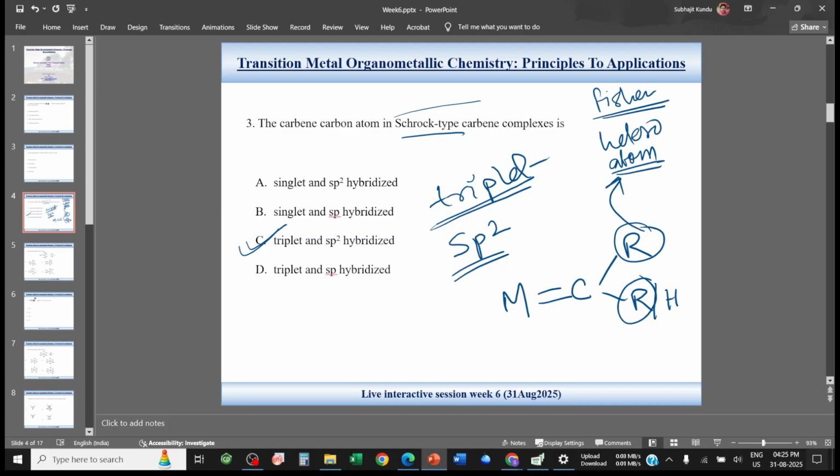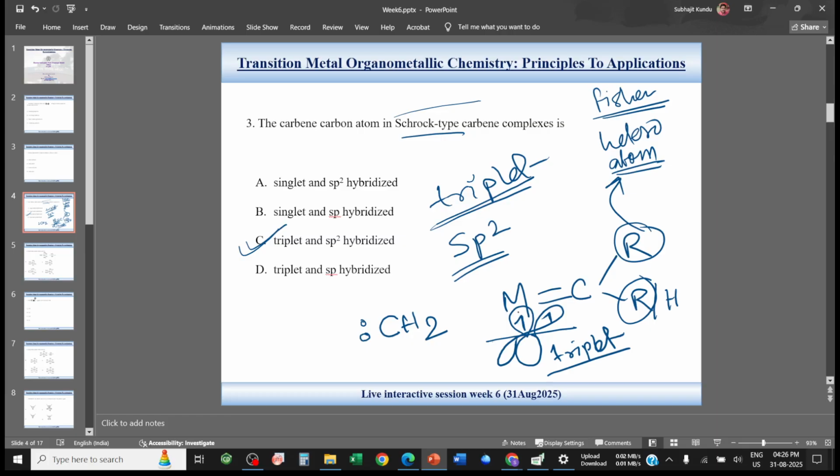When the carbene has two lone pairs on the carbon, if these two electrons reside in two different orbitals, we call it a triplet carbene.